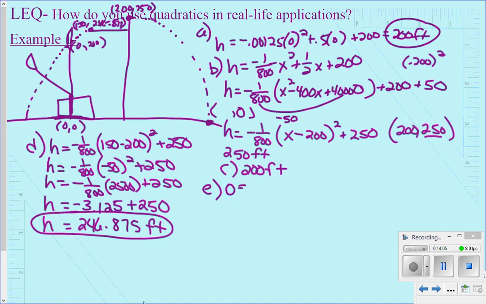So I'm going to take my equation. Now again, I could either use standard form or vertex form. Looks to me to be easier if I use vertex form to solve that. So I'm going to go ahead and put 0 in for h in vertex form. So I have x minus 200, the quantity squared, plus 250. Okay, so I'm going to use the square roots technique here and bring the 250 over.